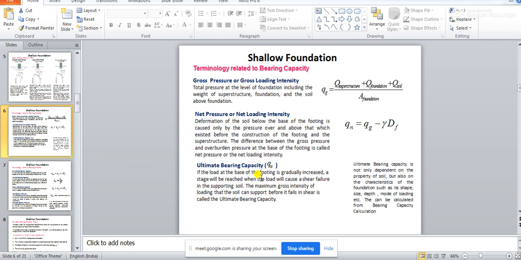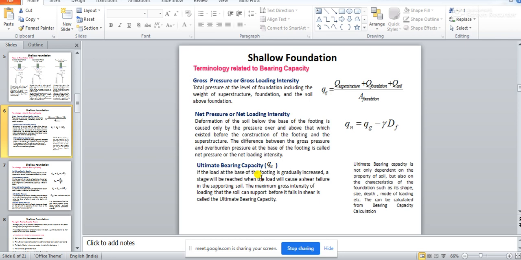Such maximum gross intensity of loading that the soil can support just before it fails in shear is basically called ultimate bearing capacity.